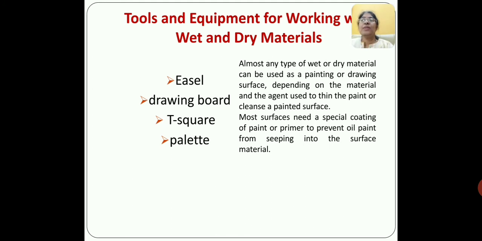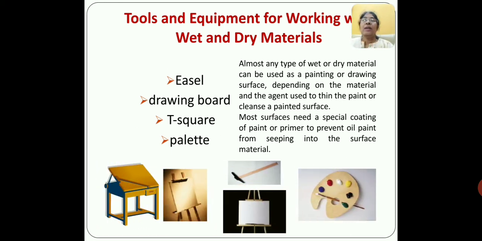So these are tools and equipment used for working with wet and dry materials. You want a support for placing the paper, so you want a support for placing the cardboard.